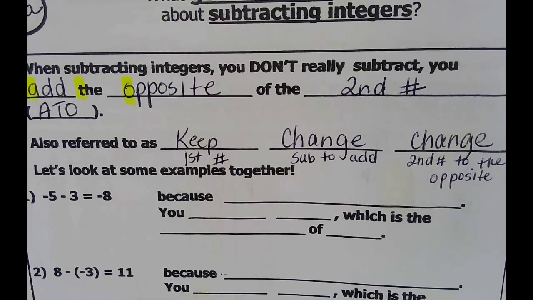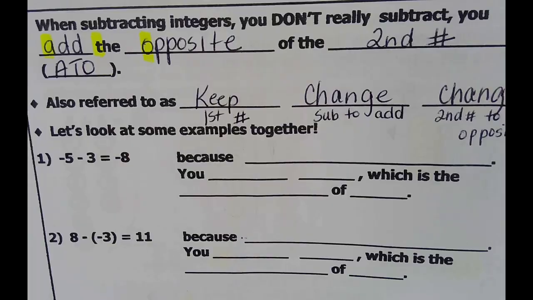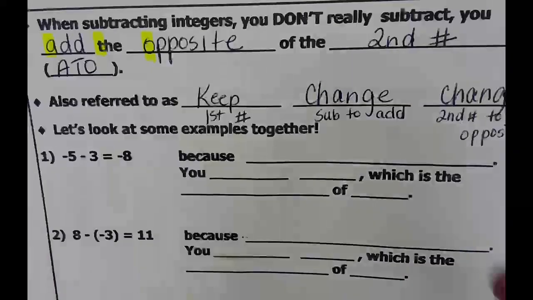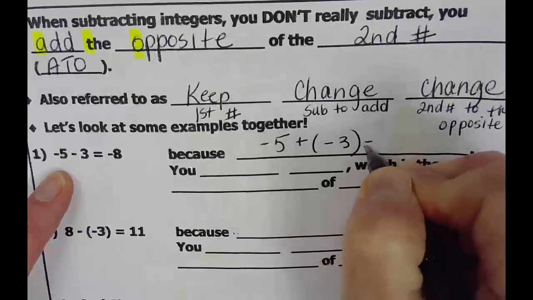Okay. Now, we're going to look at some examples together. So with this, we have negative 5 minus 3 equals negative 8. Okay, so the reason this works is because negative 5 plus negative 3 equals negative 8.